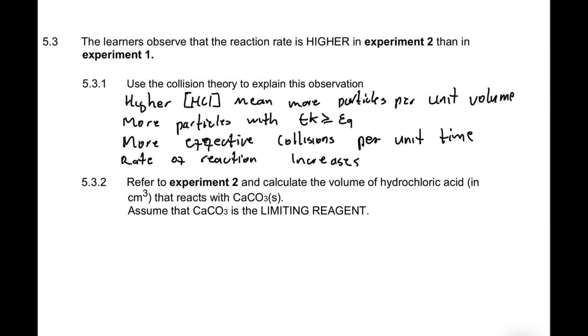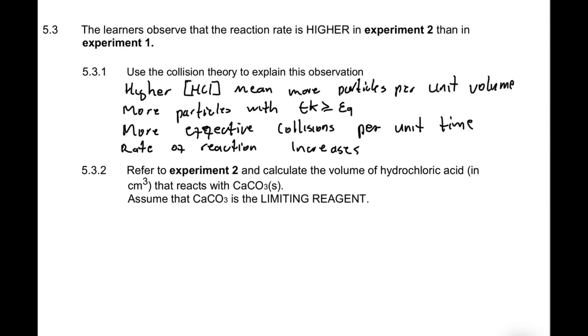And if we have more particles per unit volume, then more particles will have EK greater than or equal to EA, EK being the kinetic energy and EA being the activation energy. So we'll have more effective collisions per unit time. If we have more effective collisions per unit time, then the rate of reaction increases, right?